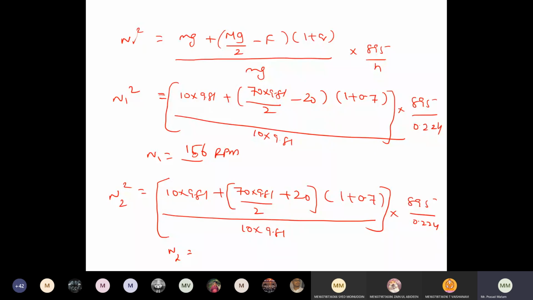Sir, N2 is 163.5. Okay, let us take it as 164. So what is the range you are getting? 164 minus 156, 8, sir.